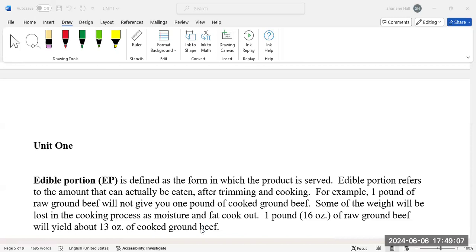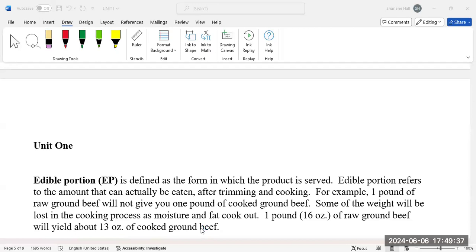So that means if I cook 2 pounds, what will be my edible portion? It would be 26 ounces, sir. Very good. Because I could say also 16 plus 16 is 32, but I'm losing 3 for one and 3 for the other, so I'm losing 6.